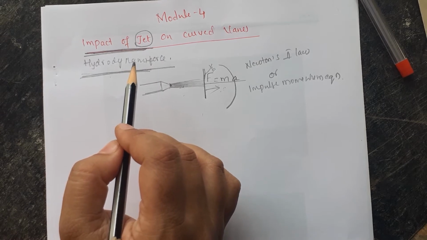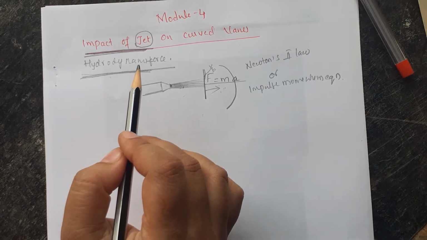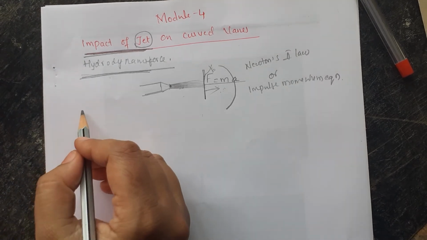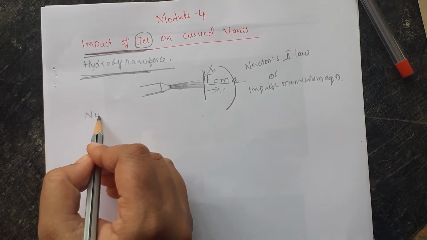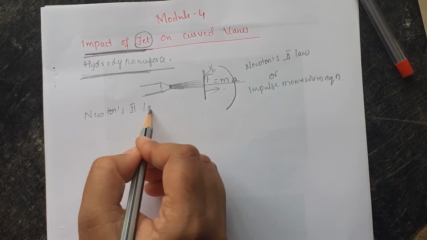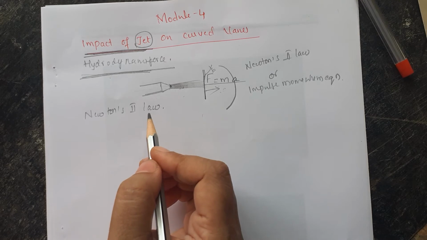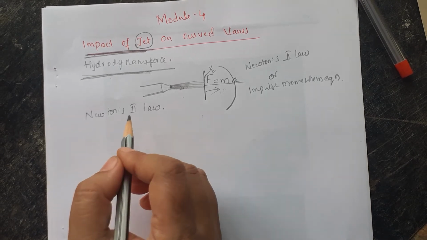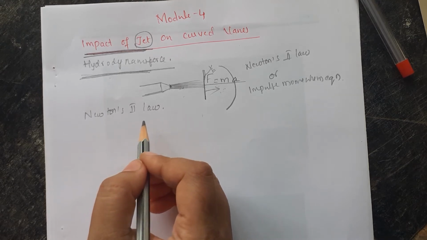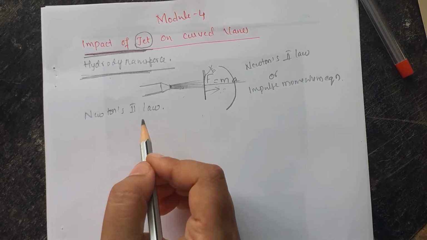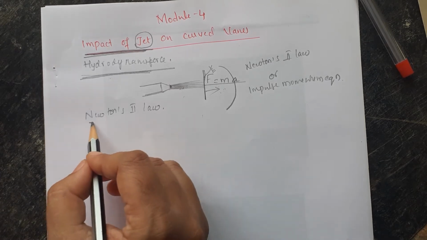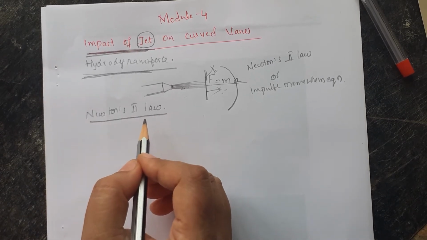So what is Newton's second law of motion? It states that the rate of change of momentum of a body is directly proportional to the impressed force, and it takes place in the direction of the force acting on it.